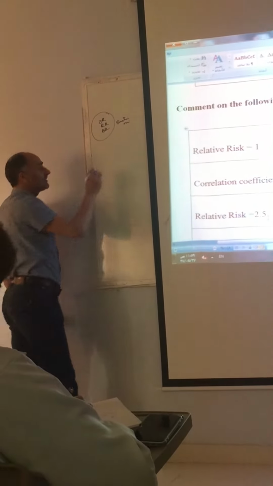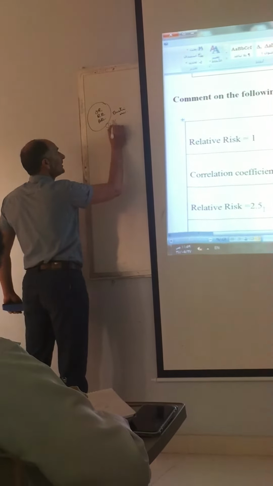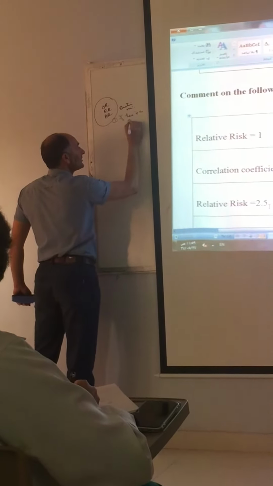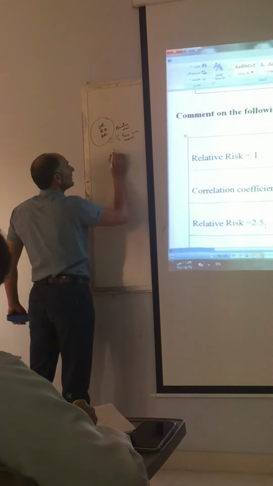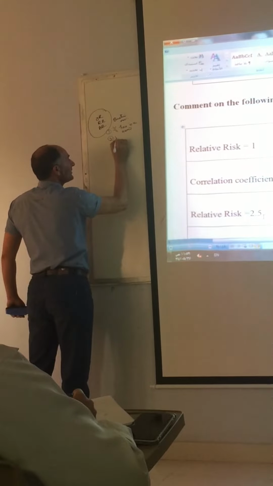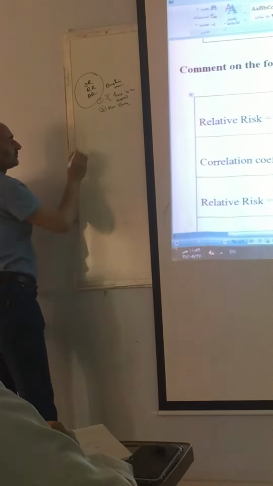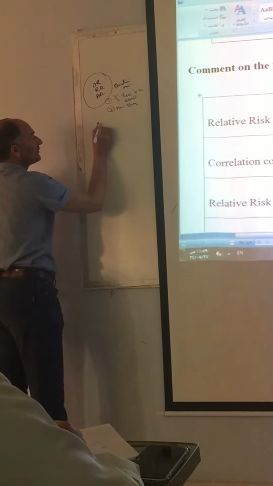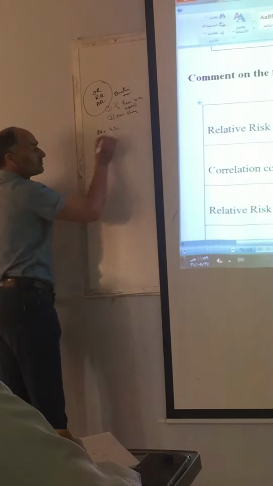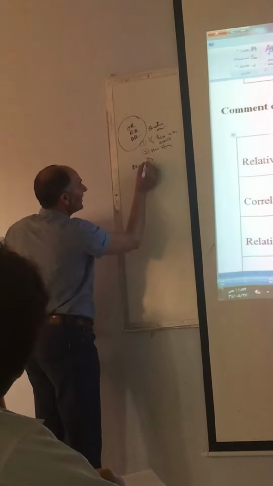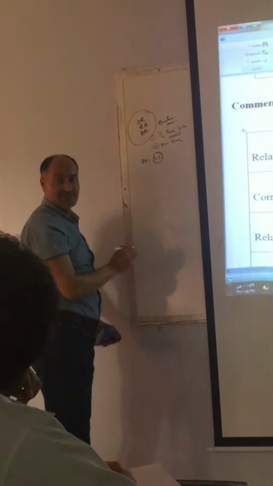We try to find out, number one, if there is an association, and if there is, how strong it is. For example, we saw an odds ratio of 4.2 in the previous case. So there is an association, and this is the strength of the association.